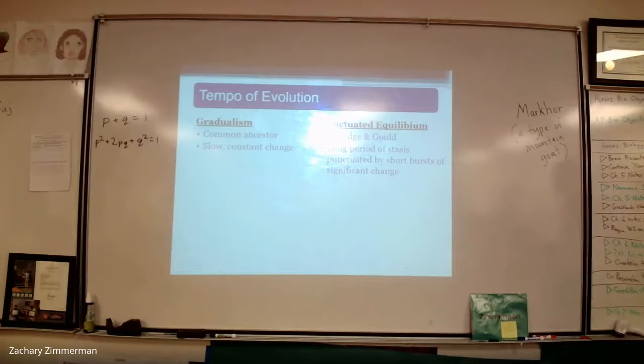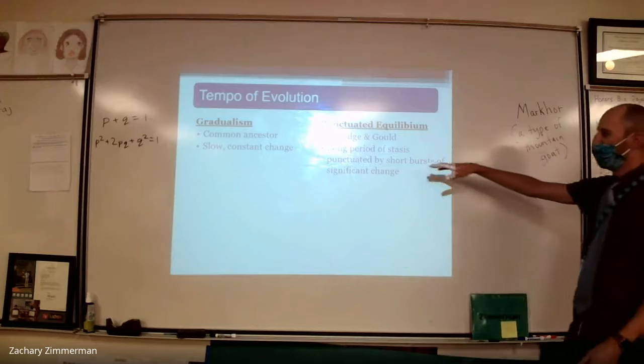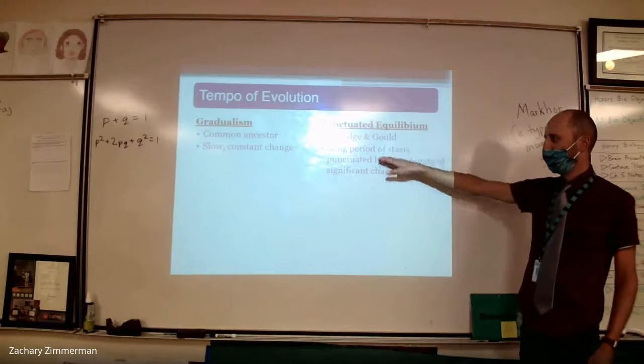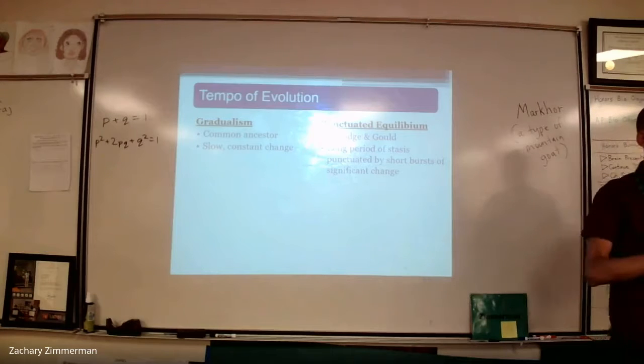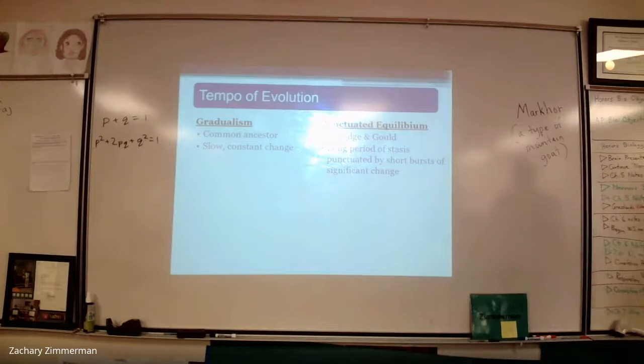Gradualism. So gradualism is this idea that there's slow, constant change over time. But there was a guy named Stephen Jay Gould that came up with this idea that evolutionary change has not happened at a constant rate over time. He made the claim that there would be events that would cause rapid change, and then there would be periods of no change to little change. So punctuated means occurring here and there.